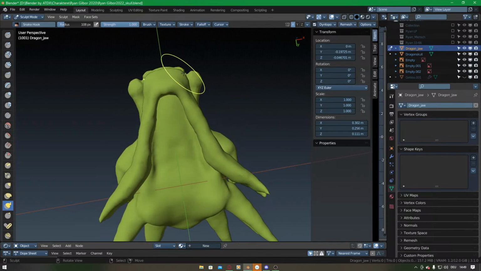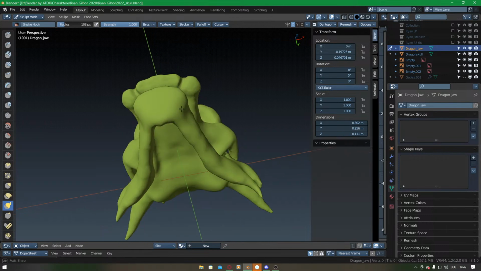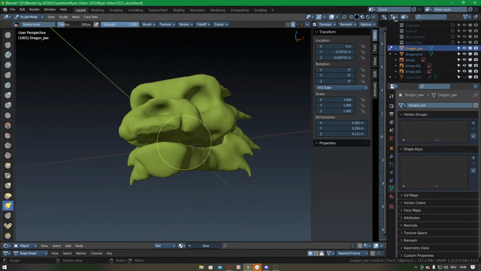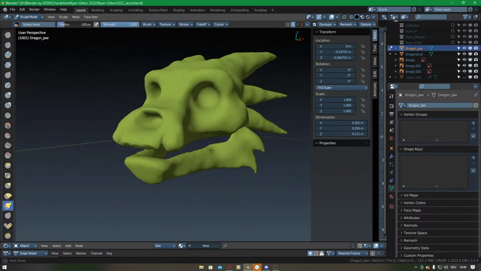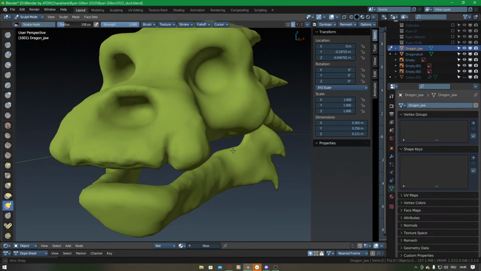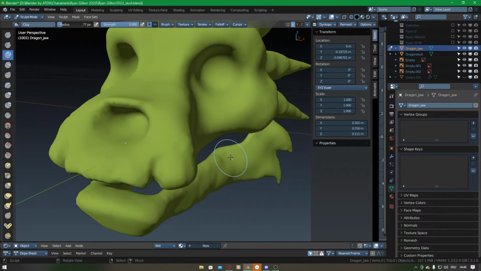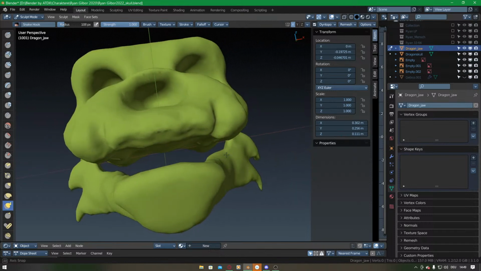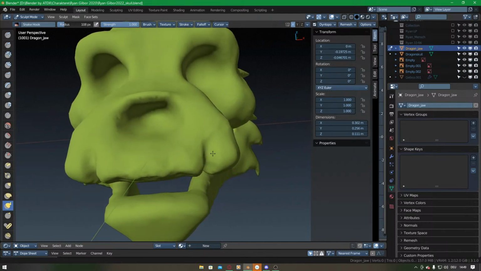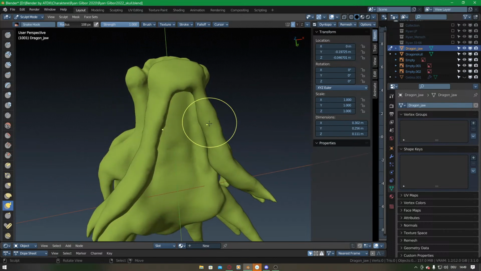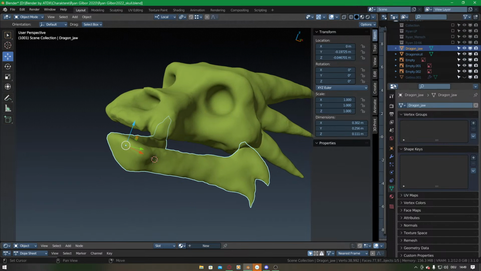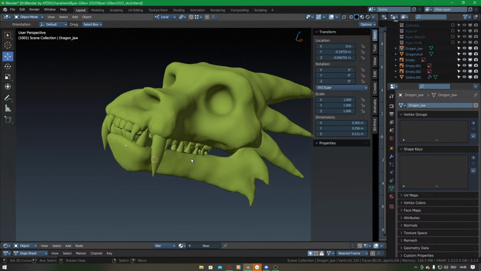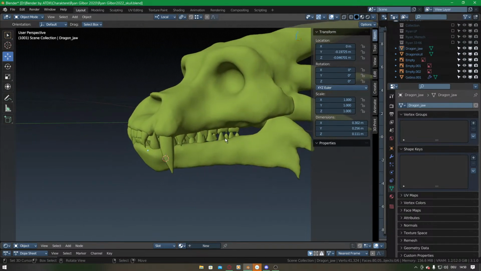Okay, now I need to widen this so that the bone that is going like this can fit in here. And yeah. Good. Now let's get the next teeth.